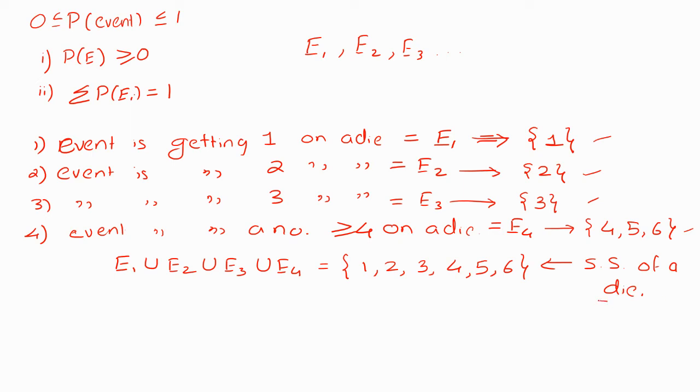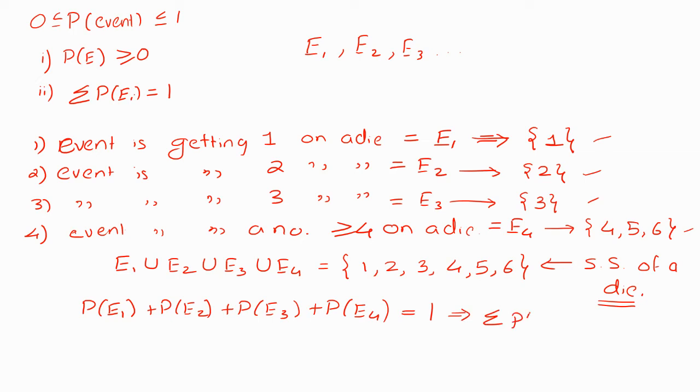All the possible outcomes of this die are covered. So when all the possible outcomes of any experiment are covered, the probability of E1 plus probability of E2 plus probability of E3 plus probability of E4 comes out to be 1. The summation of all probabilities is equal to 1.